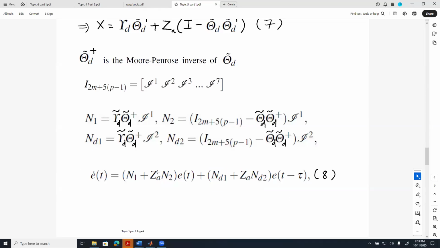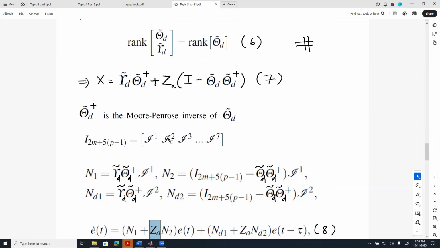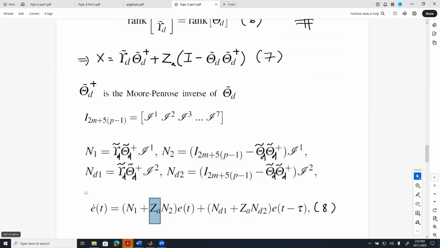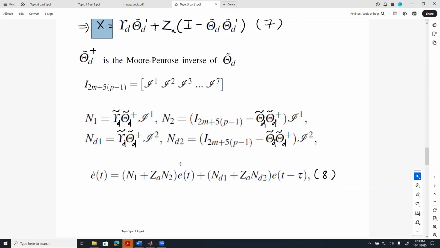So we might need to search for this unknown matrix in order to stabilize this observer error time delay system. And if we find it, then that will be put back into here, and then we obtain the final solution for X. If we don't have a time delay, or unknown without internal delay, sorry, then we just have this bit here.